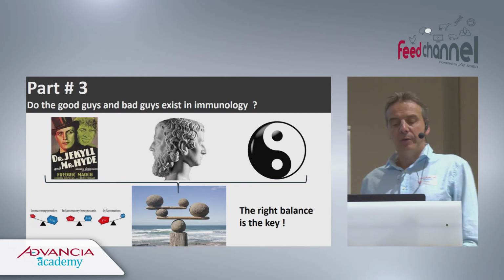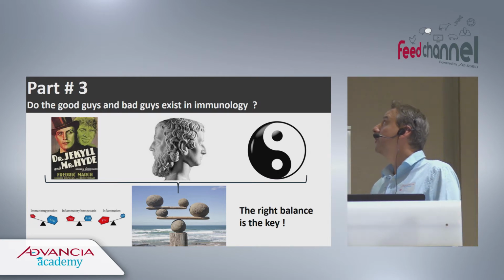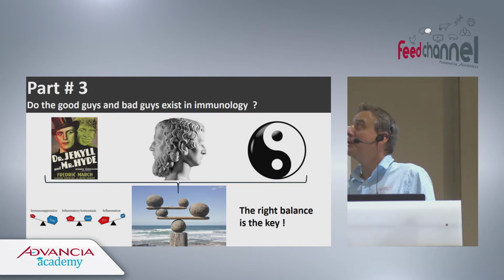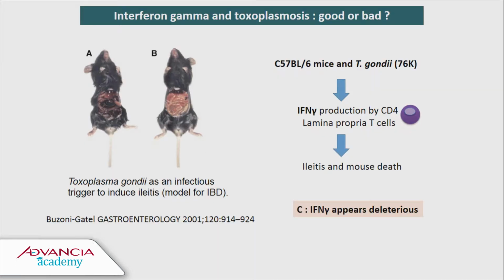Something I would like to share with you also is that good and bad guys exist in immunology, and by guys I mean immune cells or effectors. And you will see that virtually all cells can be good and bad at some times depending on the condition. I will just illustrate this with another infection by a protozoan parasite, Toxoplasma gondii.